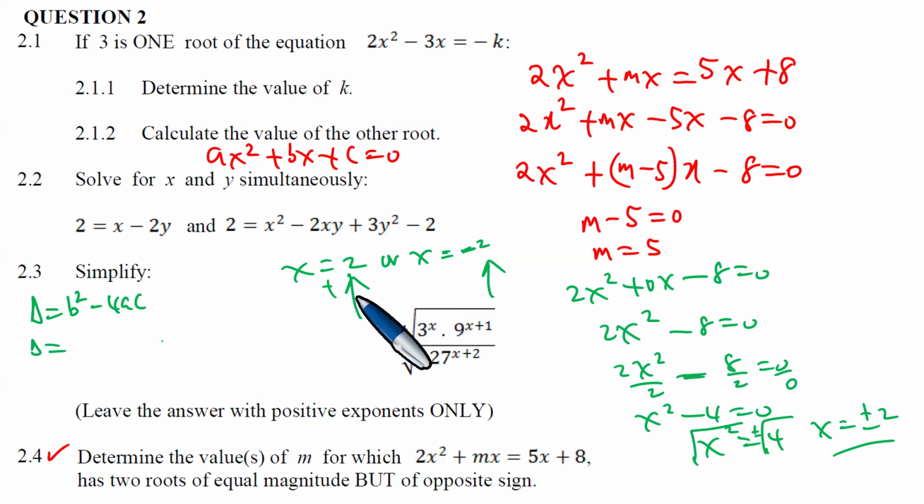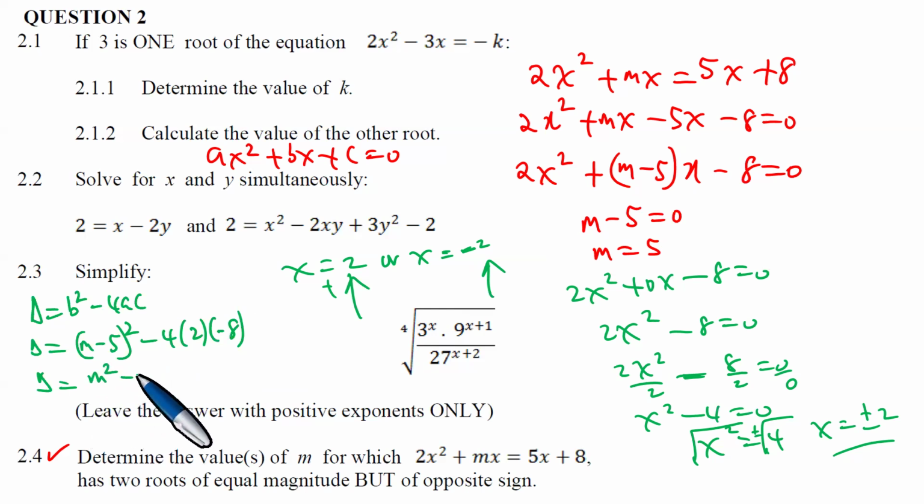Because it's already in standard form, b is m minus 5, minus 4 times a, which is 2, and c is minus 8. This gives the discriminant exactly m squared minus 10m plus 25 plus 64, which is m squared minus 10m plus 89. Let me write this clearly here.